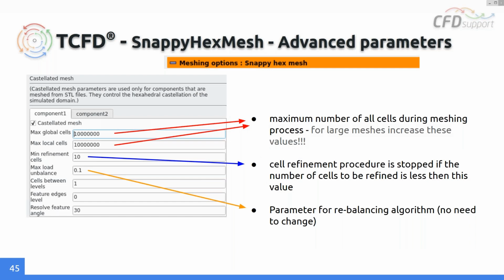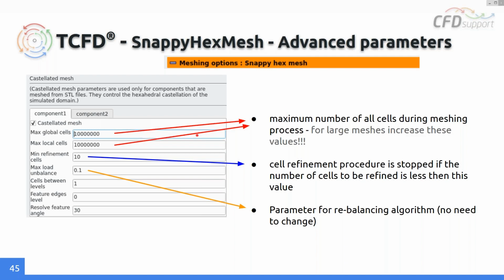Okay, and other parameters affect adding or splitting the cells. The first two parameters are the global and local cells, which define the maximum number of all cells during the meshing process. I think our default value is 10 million, but if you intend to mesh some big complex geometry, or you need a really fine mesh and expect more than 10 million cells, you have to increase these numbers.